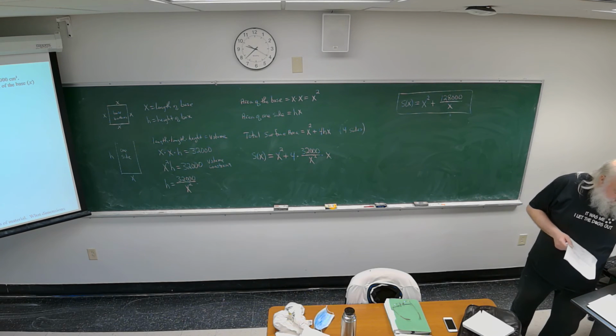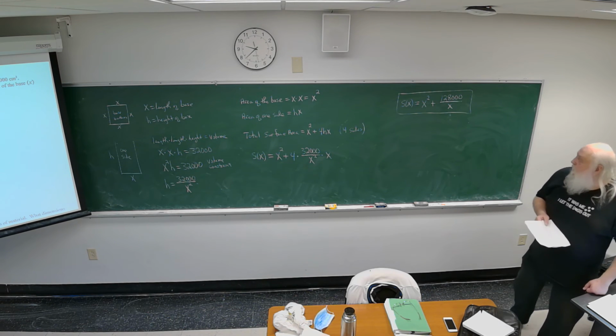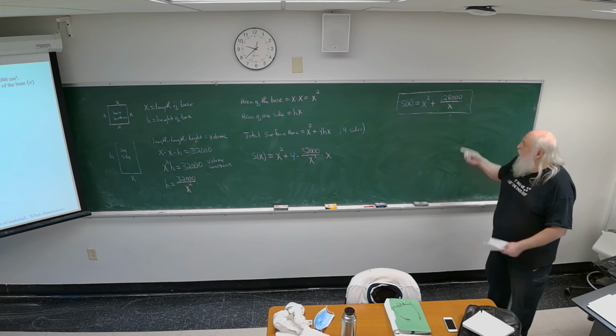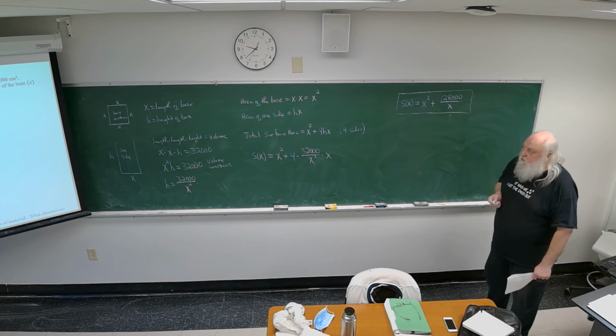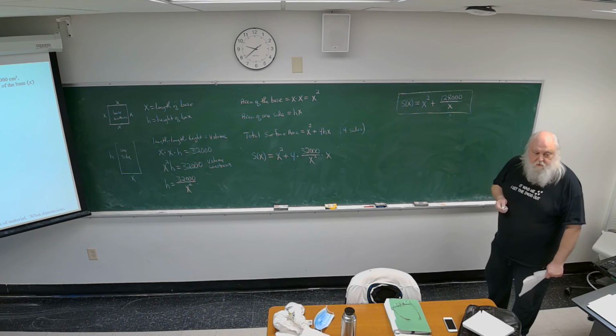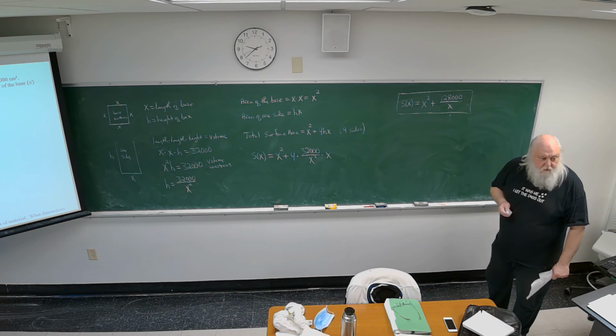So that is the amount of wood, S of x, required to make the box as a function of the length of the side of the base of the box. And now you need calculus to find the optimal length of the base of the box, okay?